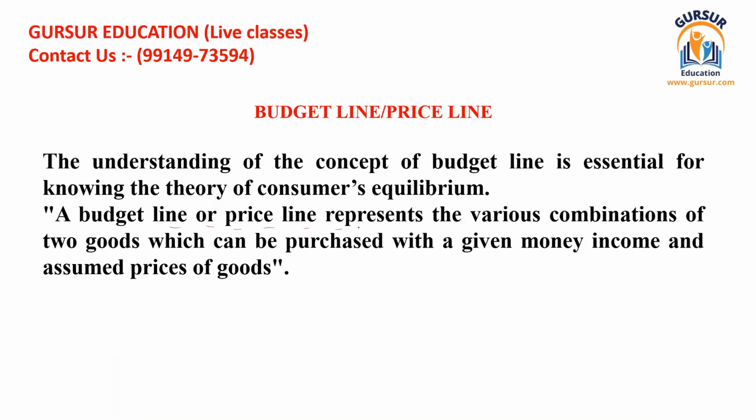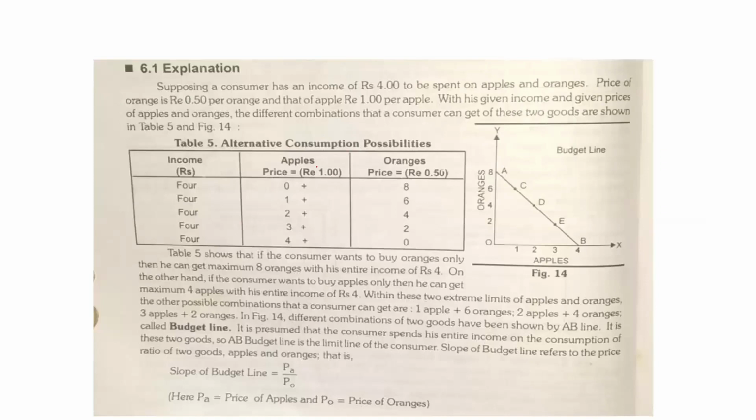When you know your income and the prices of different commodities, then you can easily know what combination you can purchase. When you plot this, it gives you your budget line.